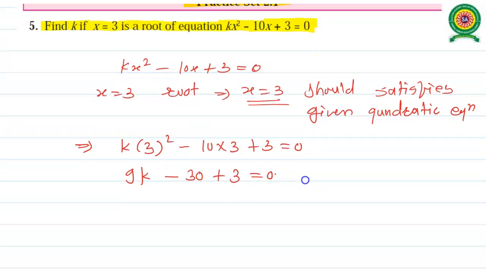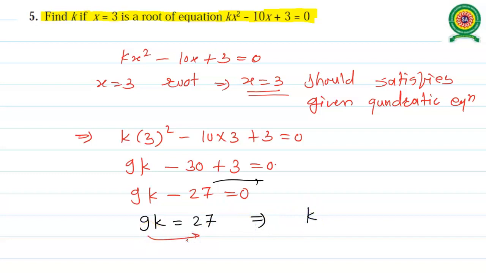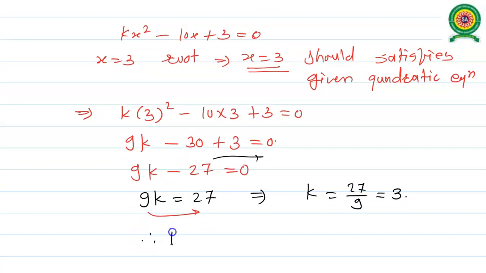So minus 30 plus 3 is minus 27. We have to evaluate the value of k, so let us shift minus 27 from LHS to RHS. We get 9k equals 27. Now after shifting 9, the k value is 27 divided by 9. 9 3s are 27, so our k value is 3.